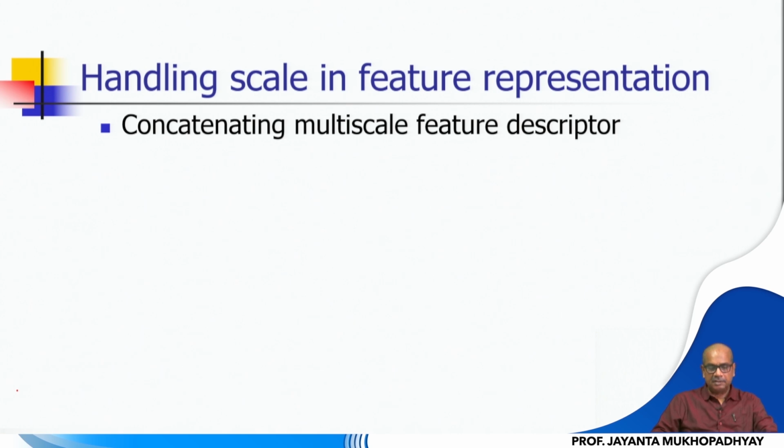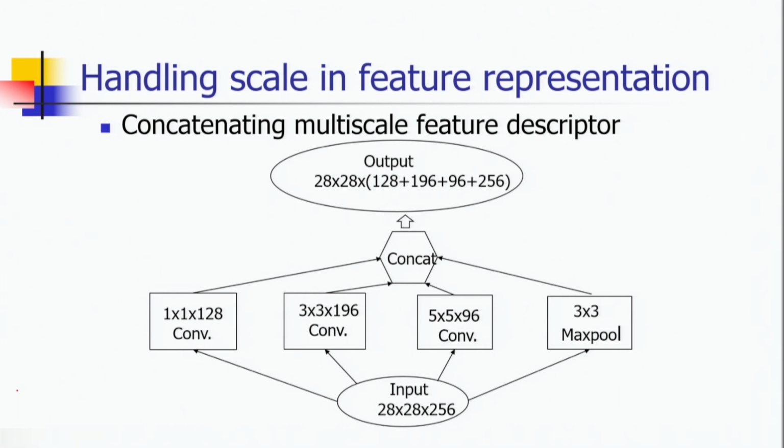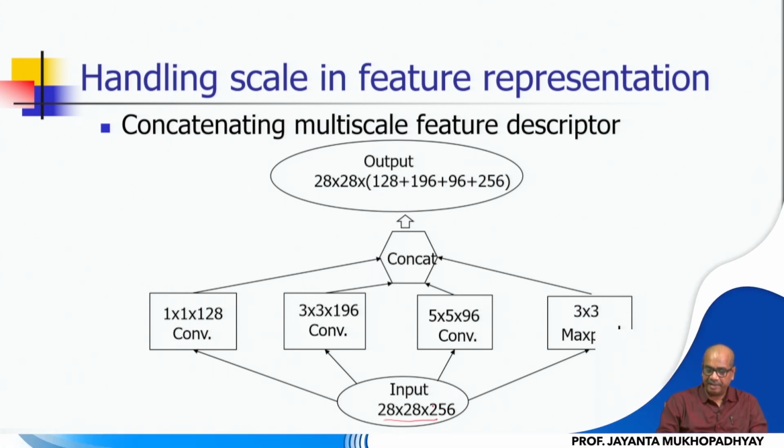For example, consider this particular type of architecture where you can see several convolution layers which are concatenated. When your input is 28 cross 28 cross 256, that means the size of your image or feature space is 28 by 28, and there is a stack of such maps, and this is 256.